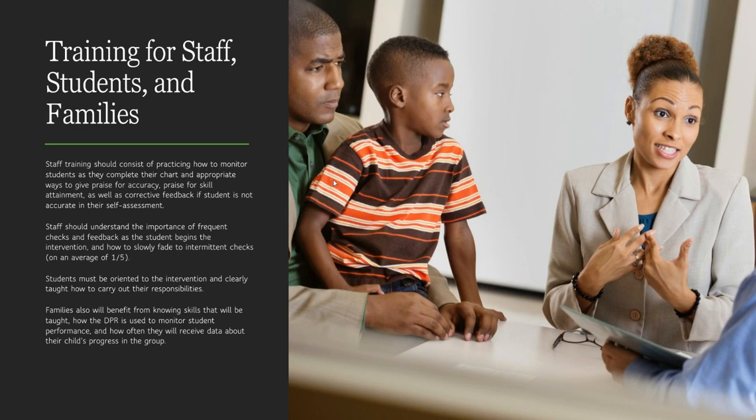Families will need to be trained on what skills that their student or their child is being asked to monitor. They need to understand the daily progress report and how that report is going to be used to monitor their child's performance. And they need to understand how they're going to receive data about their child's performance and their progress. So everyone is going to need some level of training, and that tier 2 team is going to need to think about how they're going to train those parents, those staff members, and those students that are involved in this intervention.